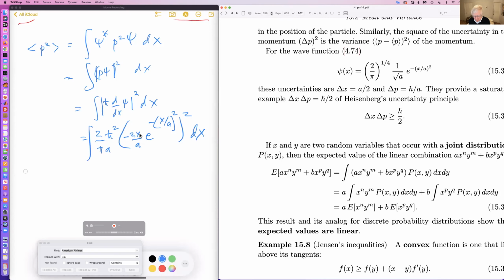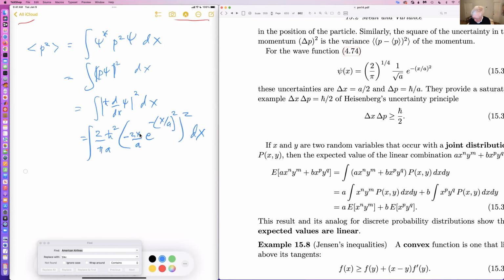X is squared here, so there's no problem. And if one does this correctly, what one finds is that, as I said, average value of P is 0. So the variance is just the average value of P squared.